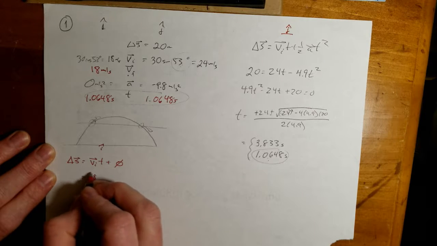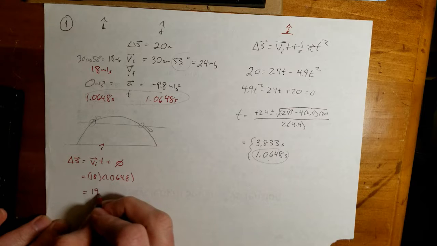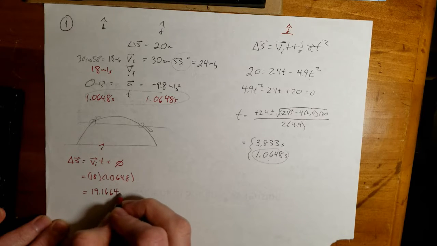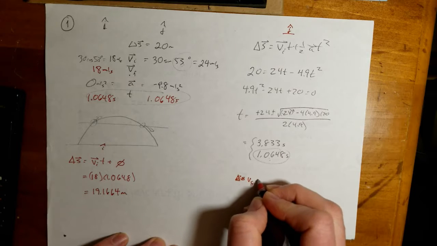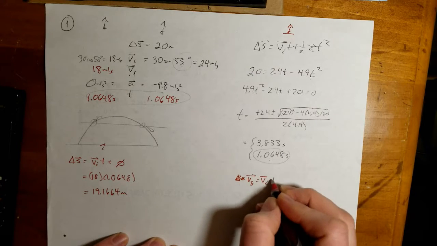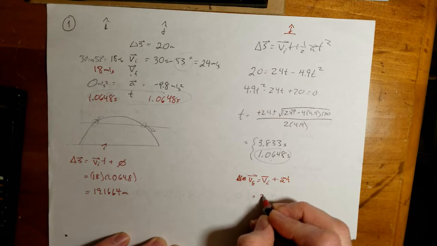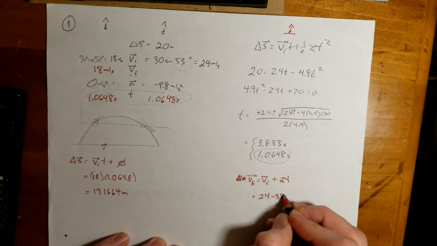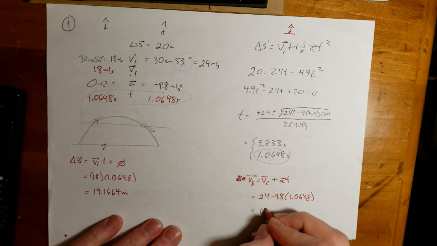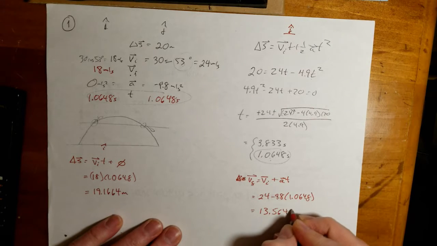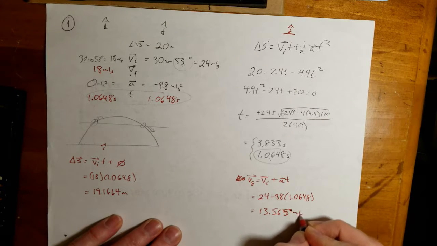So this becomes 18 times 1.0648, 19.1664 meters. Vertically, I have v_f is equal to v_i plus a t. And so this is equal to 24 minus 9.8 times 1.0648. This is 13.565 meters per second.